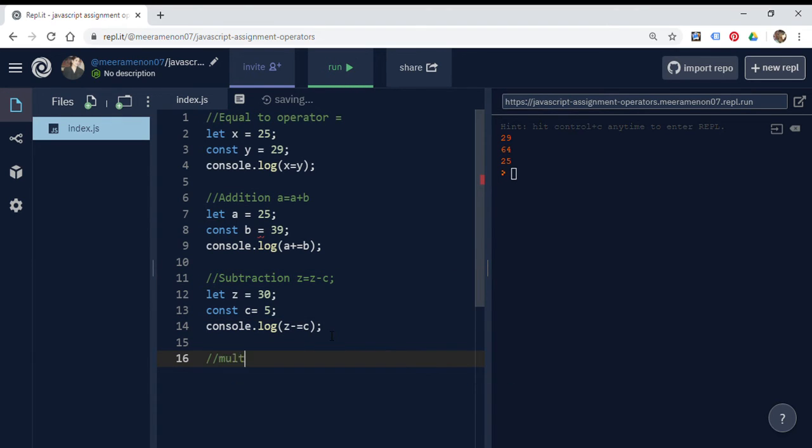Multiplication, similar. Let d equal 40, const e equal 2. Let's see.